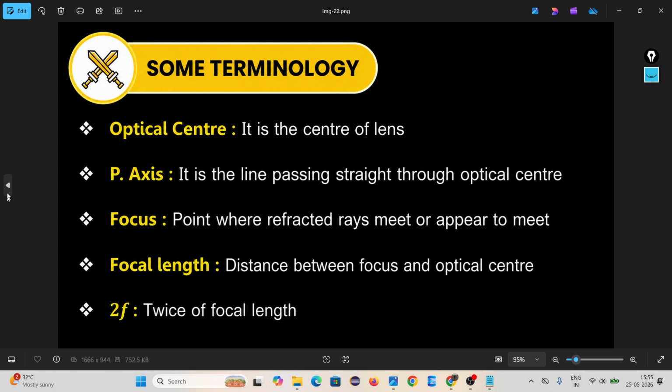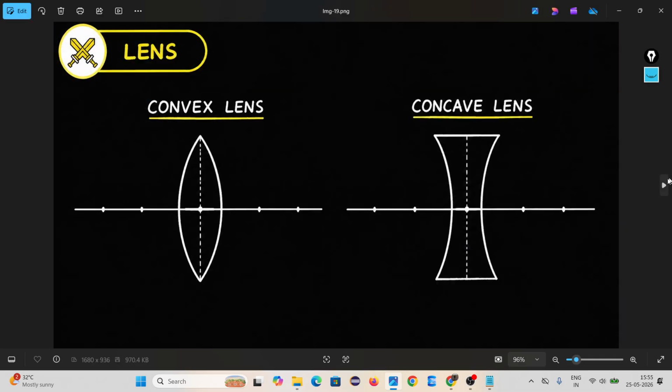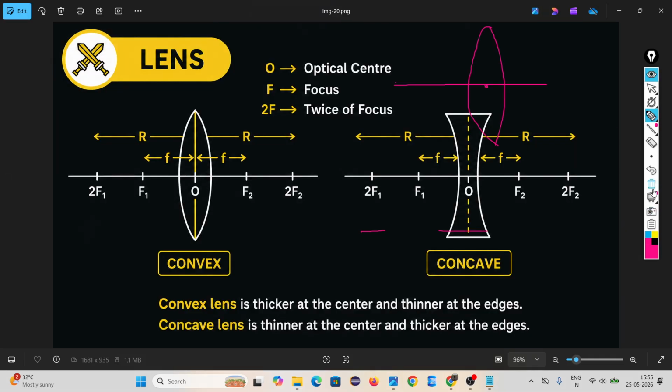Then look at this diagram. O is the optical center. Optical center means the center of the lens. Focus is the point at which refracted rays meet or appear to meet. We will learn this. 2F means twice the focal length.